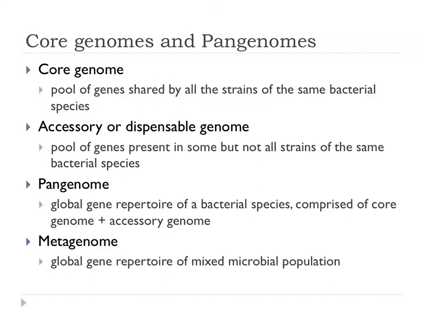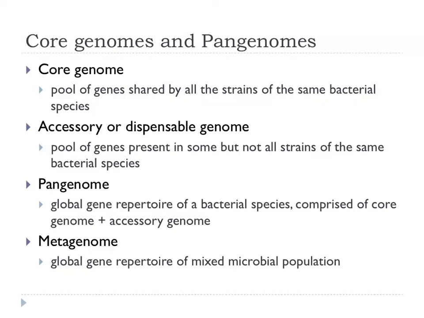what we mean by the core genome is the pool of genes shared by all the strains of the same bacterial species. So if we're looking at E. coli, we're looking at all the genes that ever reside within an E. coli cell of any kind. We then have this accessory or dispensable genome, which is the pool of genes that are present in some of the strains within that species, but not in all of them. We talk about the pan-genome to mean all of the genes which are present in the species in any kind of cell.